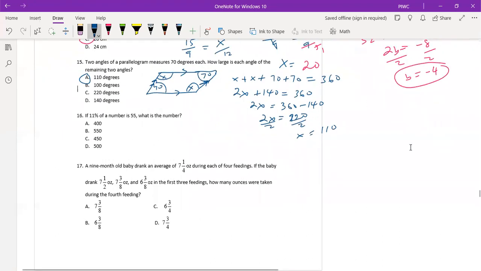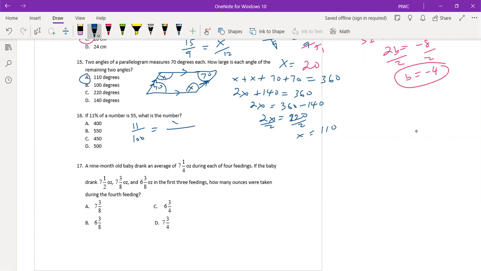Okay. Number 16, that's percentage. So if 11% of a number is 55, what is the number? Okay, so identify the part and the whole. So we know the percentage, 11 out of 100, that's a percent. Set up the other ratio, so what is the number?